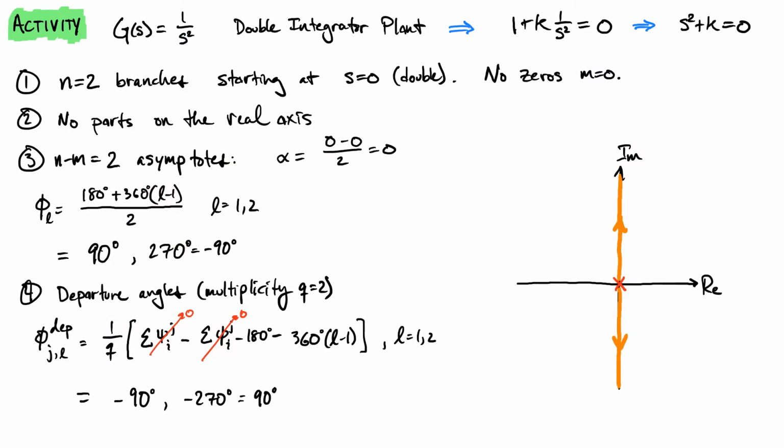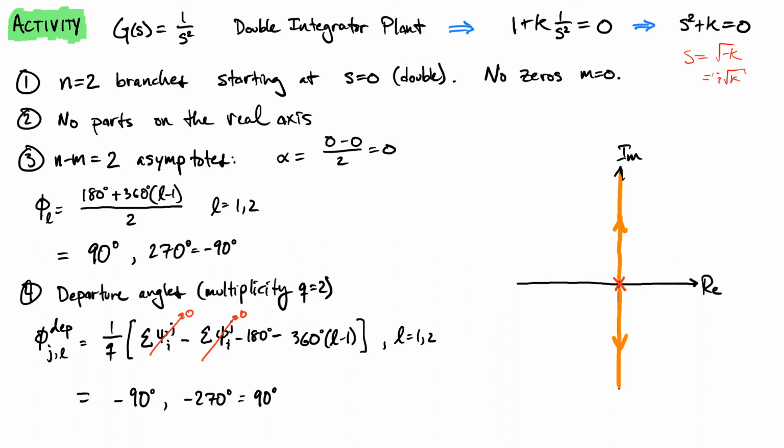Now this is what's exactly on the slide, and this shows a bit more clearly how we compute all of that. One final thing to note is that if we solve this, we could just say that s is going to be equal to the square root of minus k, which would go like i times the square root of k, plus or minus.